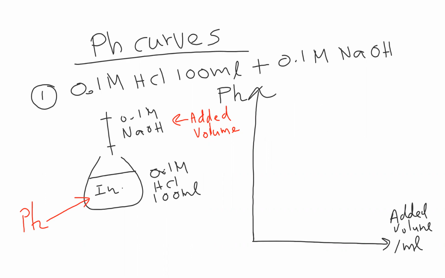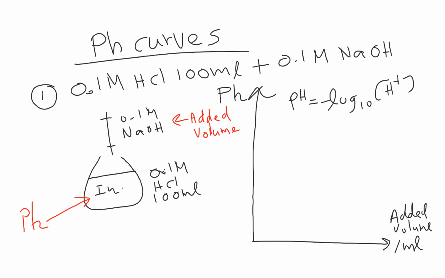Okay. So initially, what is the pH then? Initially in the conical flask, there is only the strong acid, only HCl. When there is only HCl, you can take the pH value. How can we take the pH value? This lesson was done earlier: pH equals minus log10 of the H plus concentration.